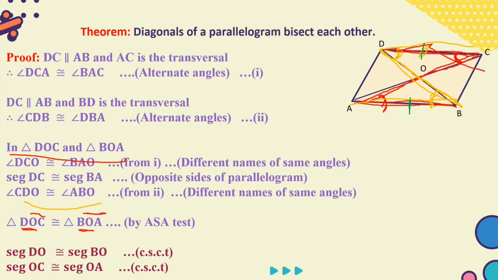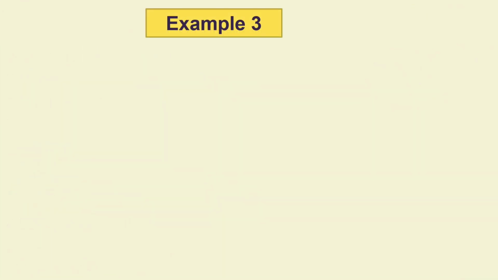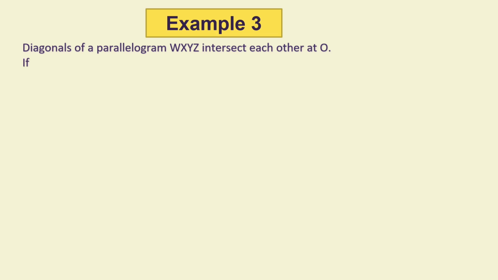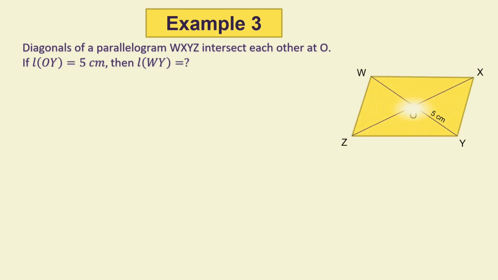Alright, let us see an application of this. So the example 3 for today. Diagonals of a parallelogram WXYZ intersect each other at O. If length of OY is 5 cm, then we have to find the length of WY.